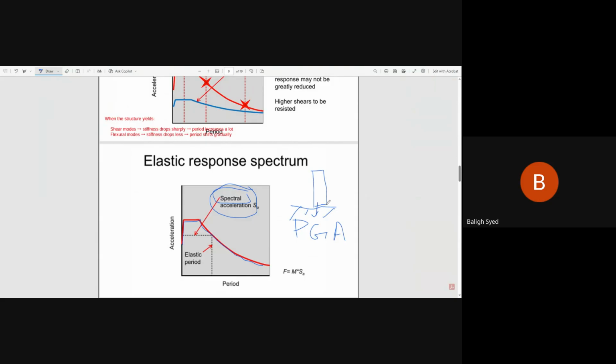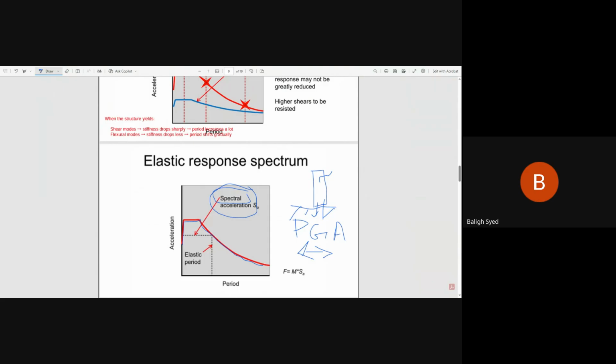IBC targets this: if you attach the structure, there is a peak ground acceleration, but what is the effective acceleration felt by the system attached to the ground? Once you excite here, the system, whatever the object or building structure, is going to feel some kind of acceleration. This is not going to be the same acceleration as the ground, because it depends on so many variables.